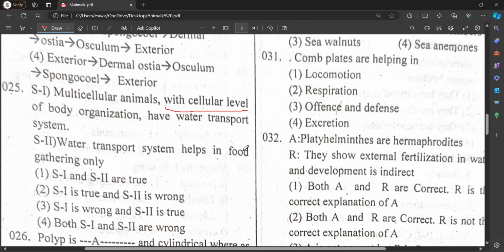The statement that the water transport system helps in food gathering only is incorrect, because besides food gathering, it also helps in respiration, that is exchange of gases, and elimination of nitrogenous waste. Therefore, statement 1 is true and statement 2 is wrong. This will be the correct option.